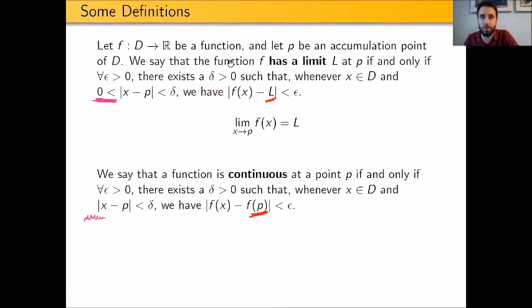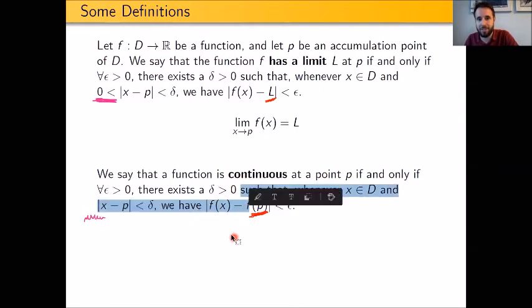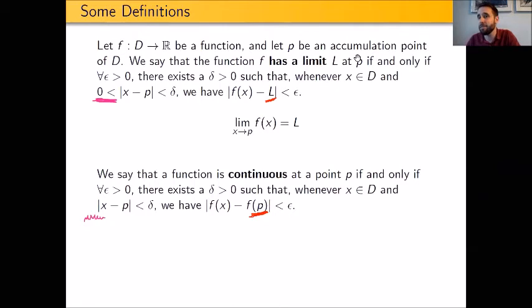So the major differences between these two definitions are summarized in these two points right here. And because those are the only real differences, we can see that the structure of continuity, in particular, the for all epsilon, there exists a delta, such that whenever distance is less than delta, we have output distance is less than epsilon, right? That really suggests that this continuity definition is secretly a limit definition, or at least they're very, very closely tied together. And that is absolutely true. What we see is, in fact, that the definition of continuity really is a definition about limits.